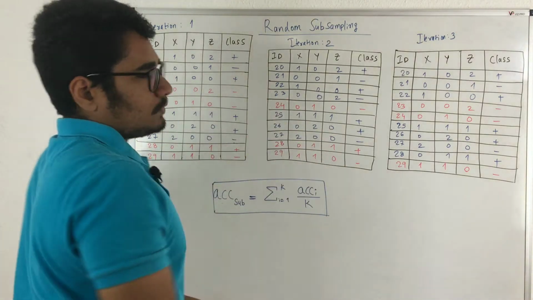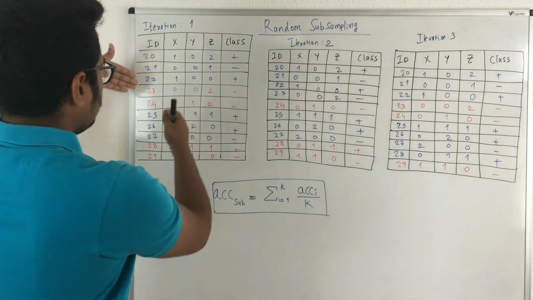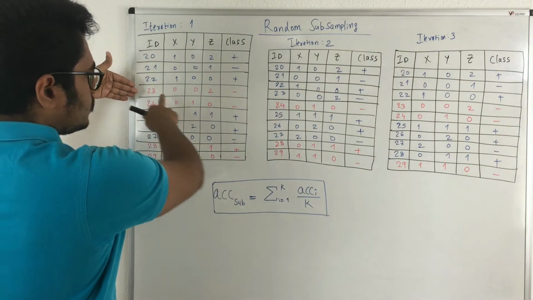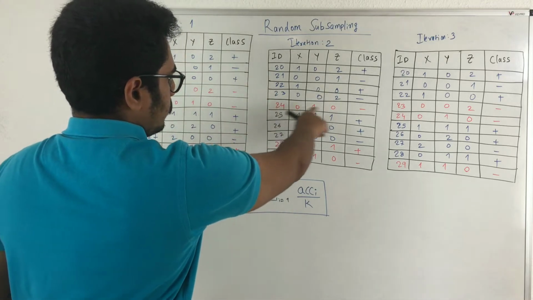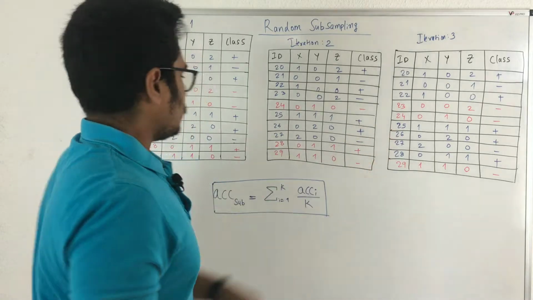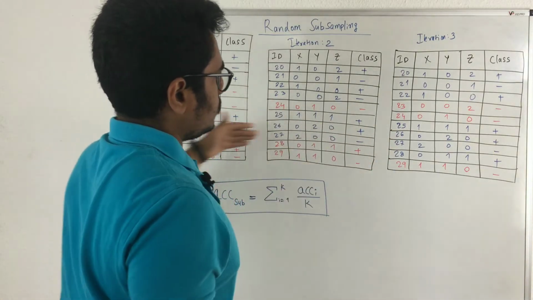Now in iteration 2, that is the second iteration, you have the same samples, but I considered the 23rd sample as training data and the 24th sample as test data, and the rest of the portion is similar.